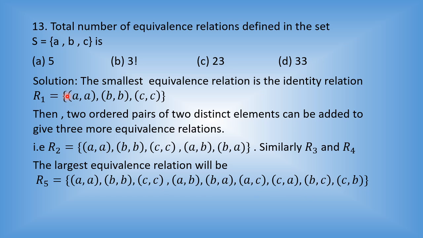Therefore, the total is 1, 2, 3, 4, 5. So the total number of equivalence relations defined in a set having 3 elements is equal to 5. This is always true. If you take 1, 2, 3 instead of A, B, C, any set having 3 elements has 5 equivalence relations. Therefore, the answer is the corresponding option.